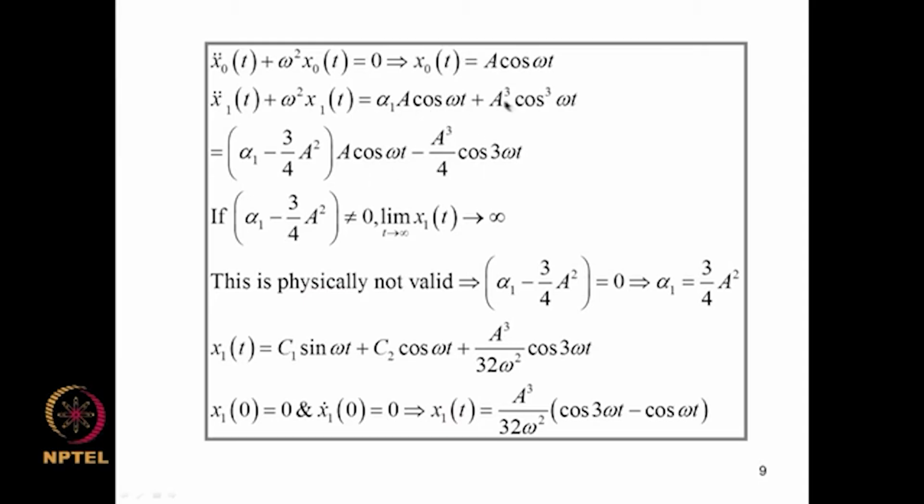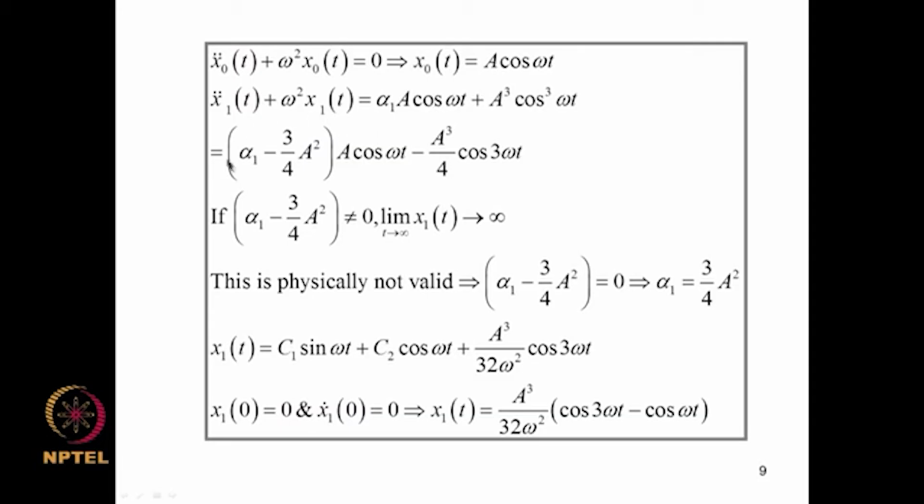I have expanded cos cube omega t, I am writing the right hand side. Now, if we examine this equation, if this omega and this omega are the same, then as time becomes large, the solutions will become unbounded because we are in a resonant kind of situation, but the system is undamped, it is conservative, therefore, this type of solutions are not possible.